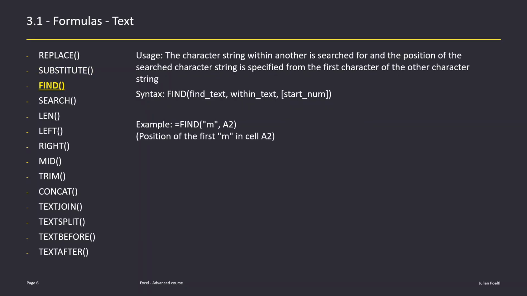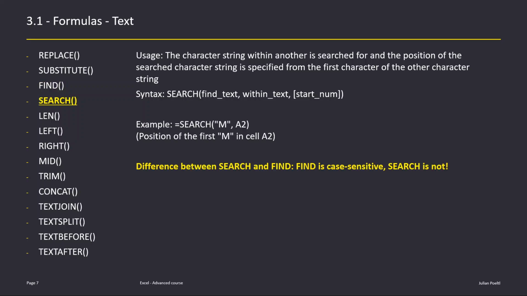The find function searches a string within another string and hands out the position where the first occurrence of that string is found. So, for example, you want to find M, the character M within the cell A2, it will hand out the position of the first M in the text in cell A2.